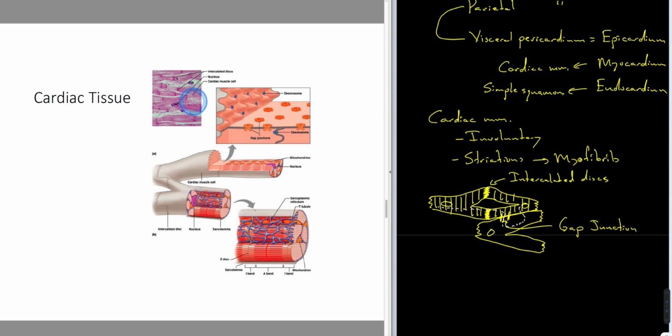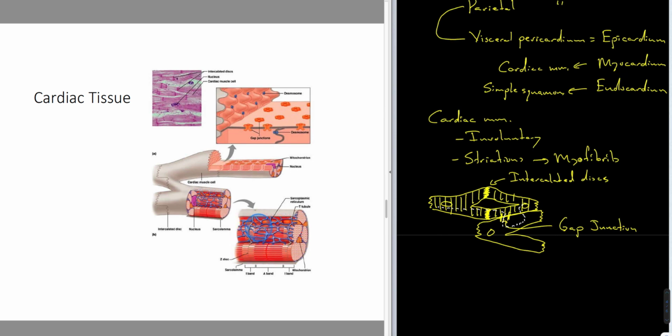So the intercalated discs fuse those cells together. So when one cell contracts, we're physically connected to the next cell. And the release of the calcium from their ER, it's the same mechanism for muscle contraction in skeletal muscle.